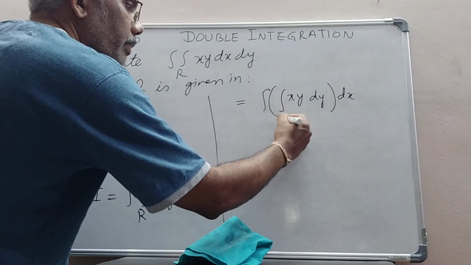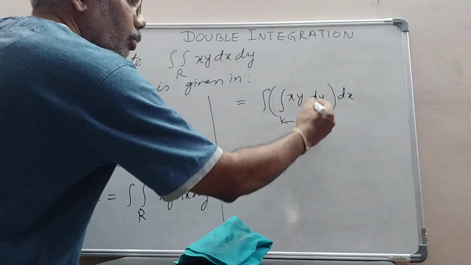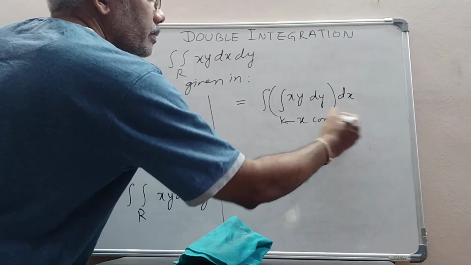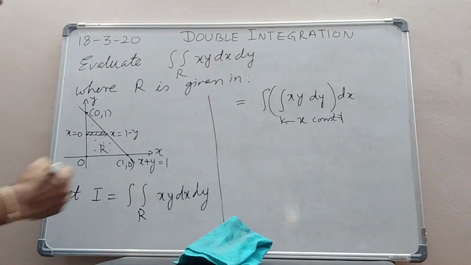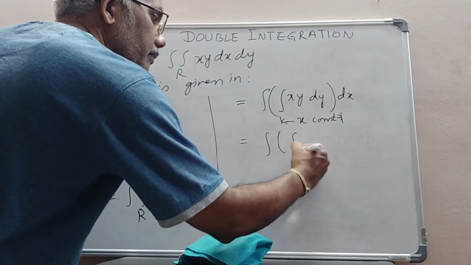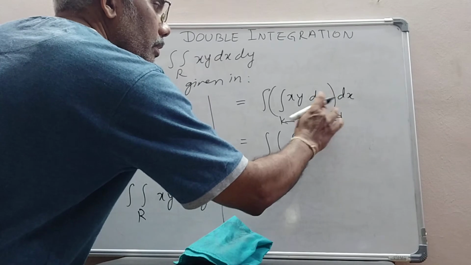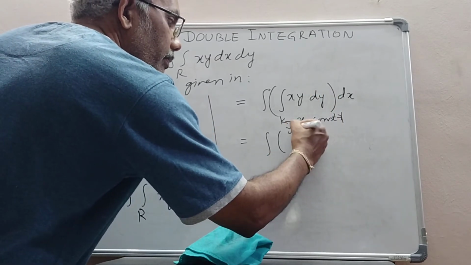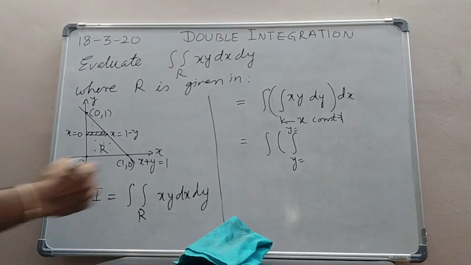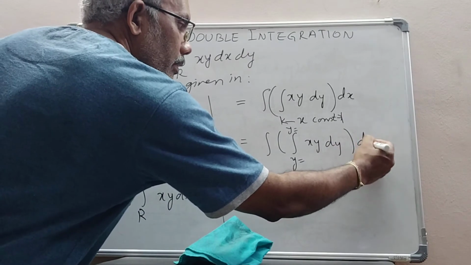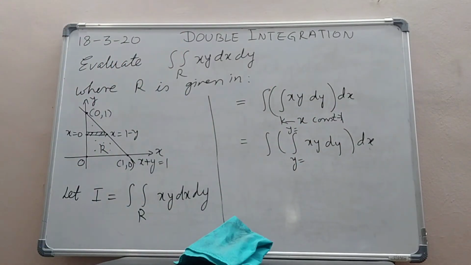But when you are integrating with respect to y, x is to be treated as a constant. Okay, y is going to change from some place to some place. x is to be kept constant.